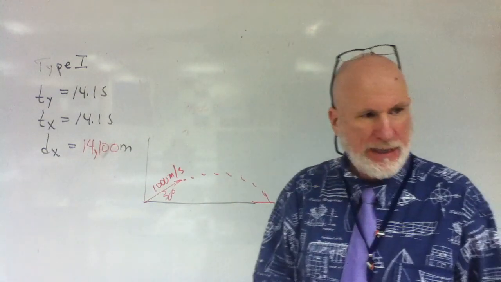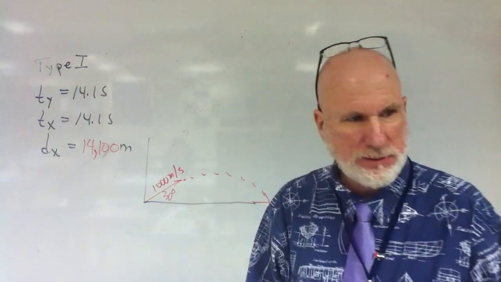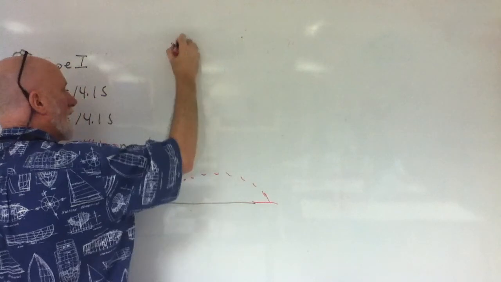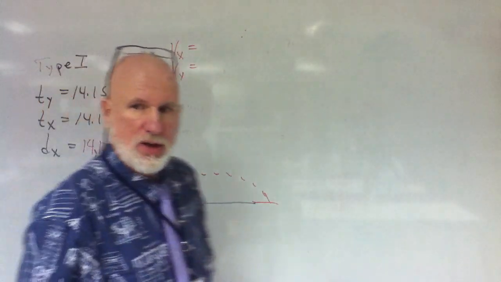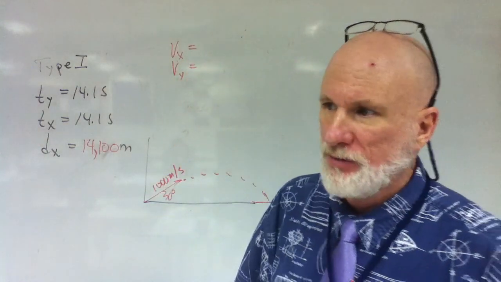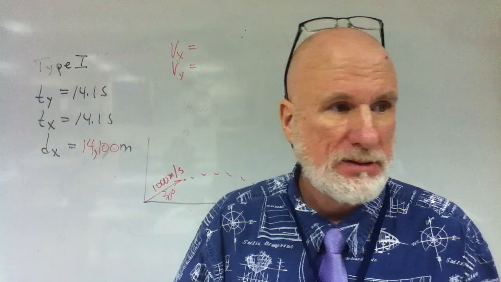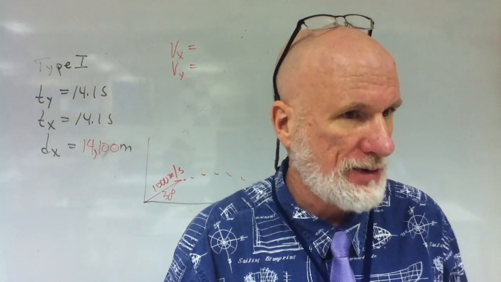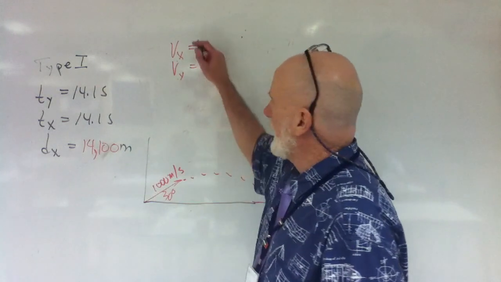Correct? And I need to find a bunch of things. Let's start off with Vx and Vy. Now this should be old hat to everybody. Vx is V naught times cosine 30 and Vy is V naught times sine 30, correct? So what is Vx and what's Vy?